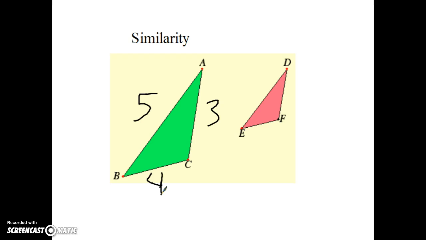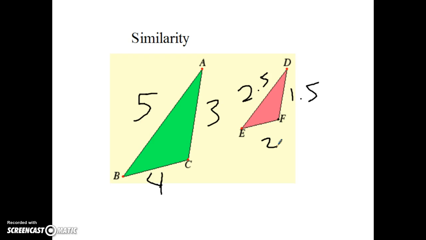And here you might have 2.5, 1.5, and 2. So if you look at it, the sizes are different. ABC is actually longer than DEL.